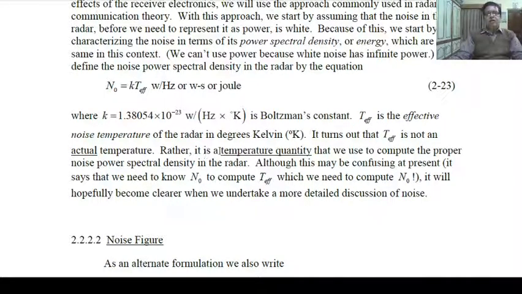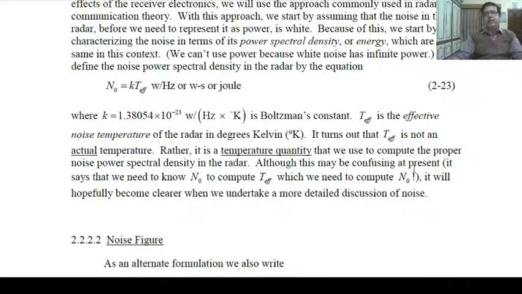Rather, it is a temperature quantity that we use to compute the proper noise power spectral density in the radar. This is also an important point.